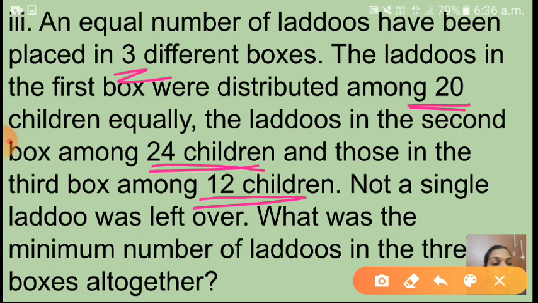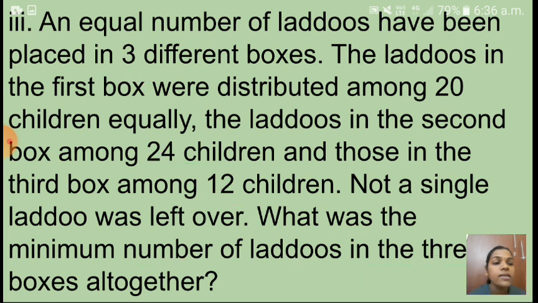For that we have to find the LCM of 20, 24 and 12. So whatever LCM comes, that is the number of laddus in each box. Then we have to add them, that I will tell you.